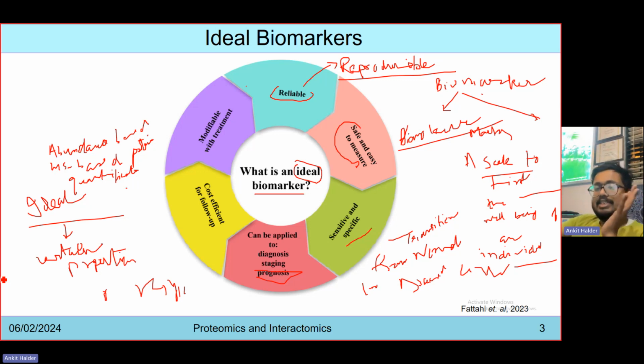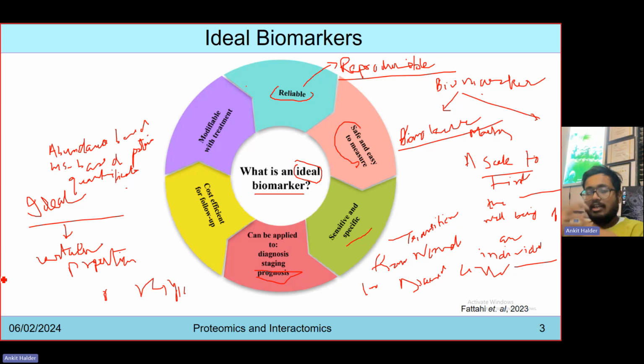It is constantly changing and giving the clinicians an idea whether this patient is progressing or not, whether they are responding to therapies or not. Then that marker will definitely be chosen, because it gives us an idea for diagnosis, staging, and prognosis, whether the patient is going towards betterment or towards the disease condition. So this is the major thing.